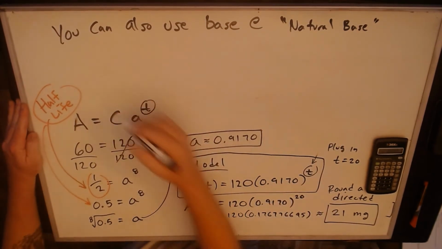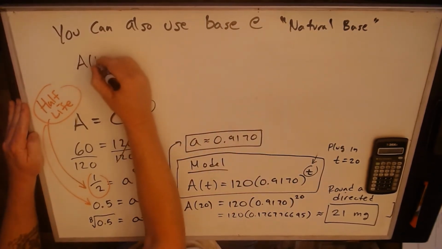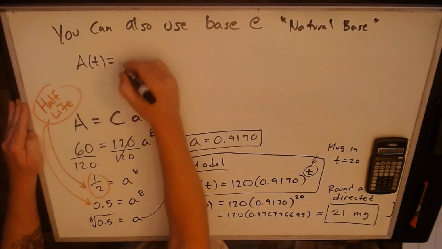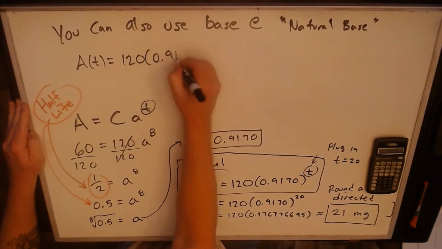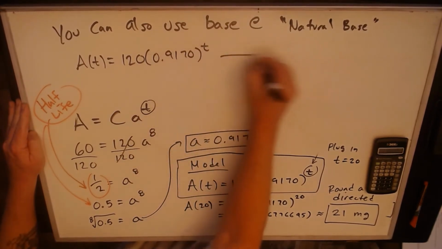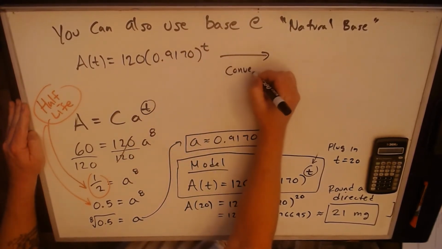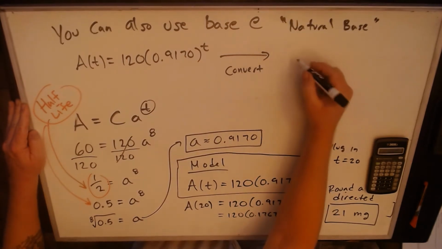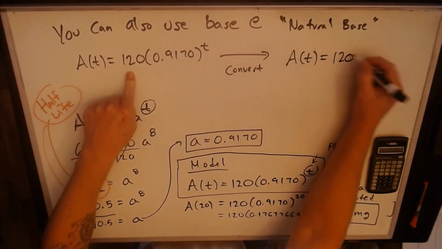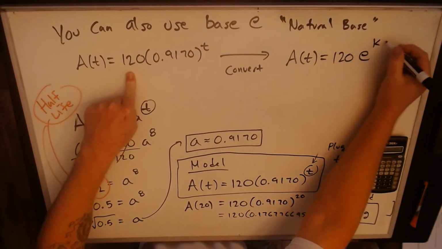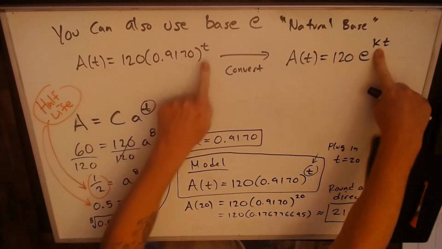So again, let's do it. We have the same basic idea. We want to convert to natural base. Remember, the constant doesn't change. What changes is the exponent.